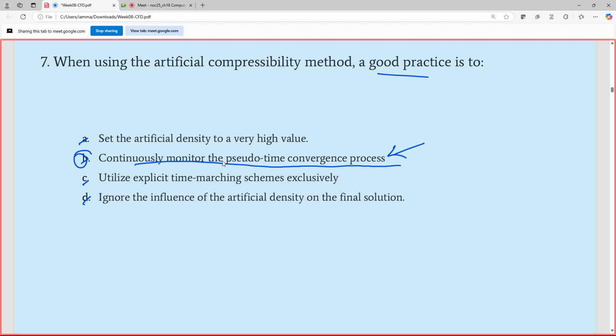So it is best to monitor the pseudo time convergence process. And if there is some issue, then we will have to tweak the beta parameter, the artificial compressibility factor parameter, to get better convergence of this pseudo time loop.